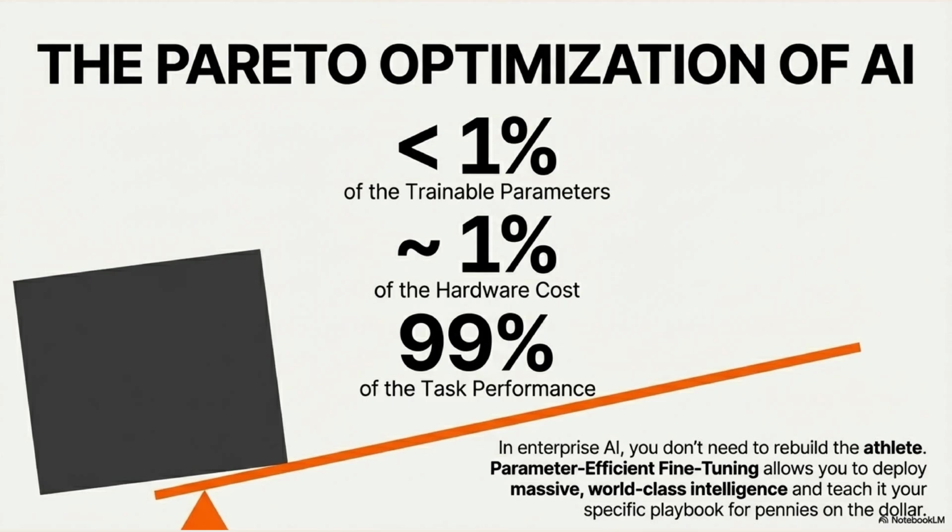Parameter-efficient fine-tuning allows you to deploy massive, world-class intelligence and teach it your specific playbook for pennies on the dollar. This is the economic unlock that has changed enterprise AI from 2023 to today. It's what allows a mid-sized enterprise with a modest data science team to compete with organizations that have orders of magnitude more resources.